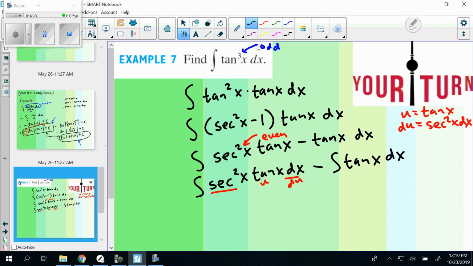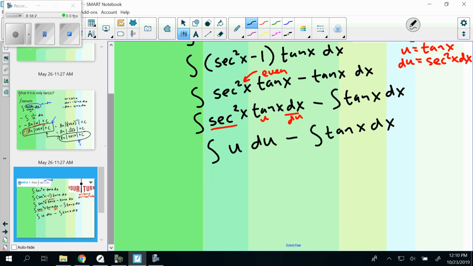We're not making that substitution on the second one because then we don't have that secant squared to cancel out. So we're going to keep just this in. Okay, so what's the antiderivative of this side? That's easy. That's 1/2 u squared plus a constant.